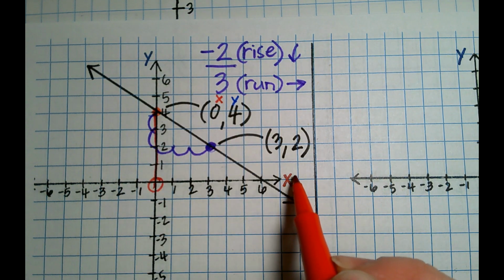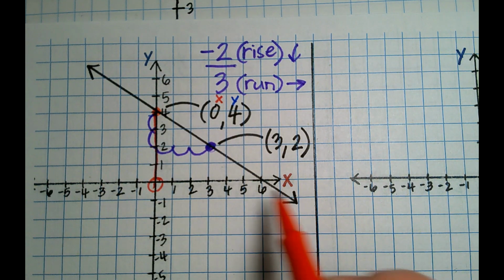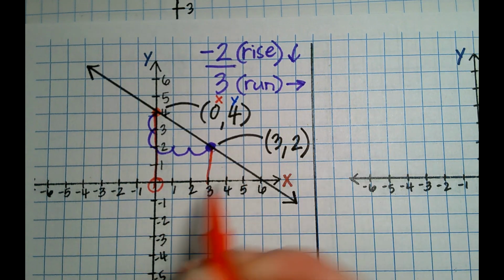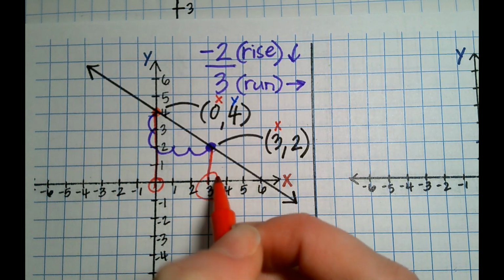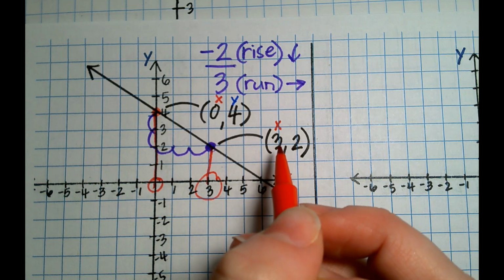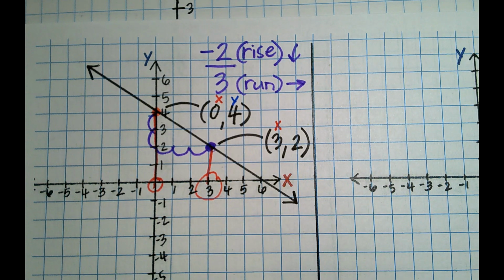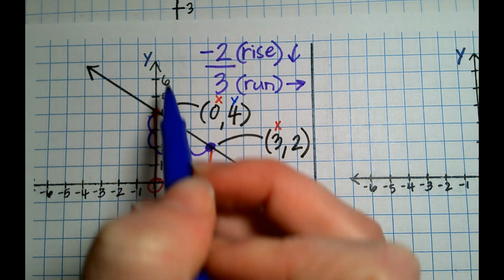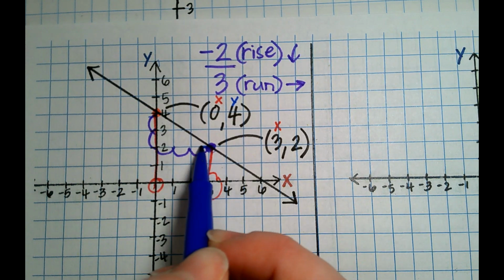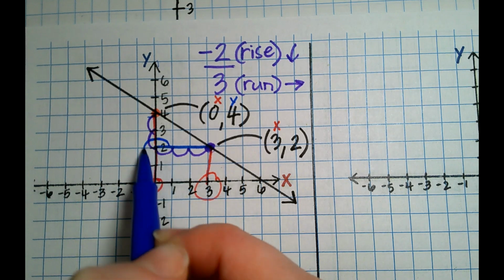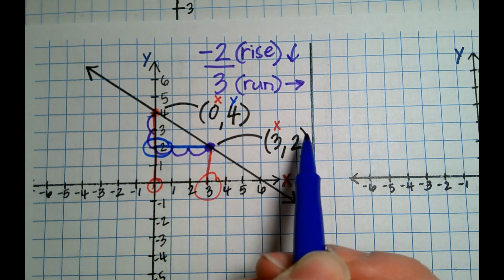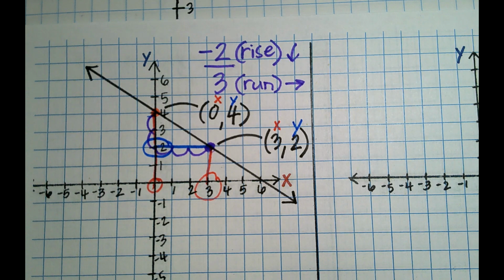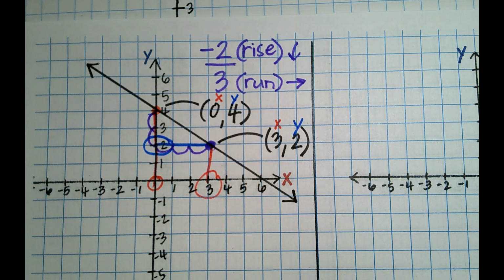This point lines up with the x-axis at 3. So that's where our x value came from. And for the y value, we line up with the y-axis. So I'm going to trace over, and it lines up with 2 for the y. Does that help out a little bit? Okay, good.